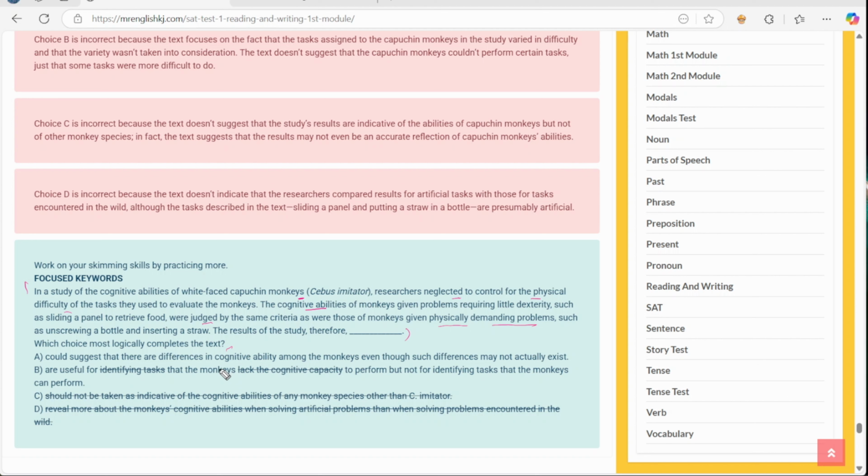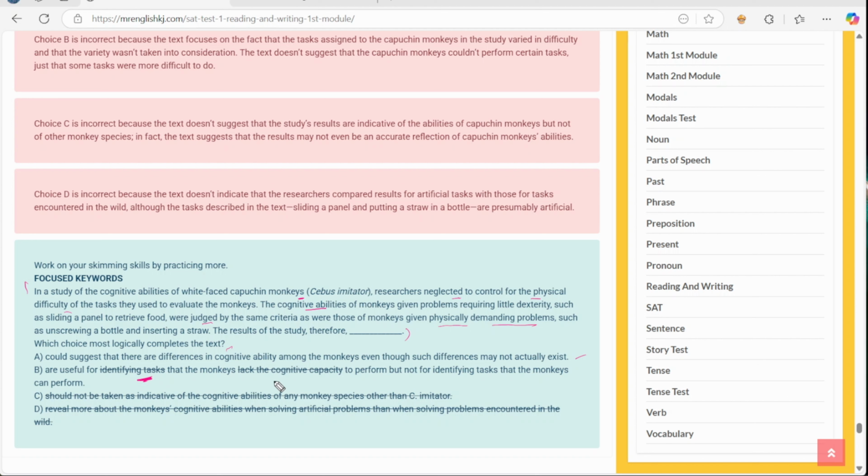Could suggest that there are differences in cognitive ability among monkeys, even though such differences may not actually exist. Well, it is saying there are differences in cognitive abilities. Obviously there are, even though such differences may not actually exist, because here you can see they did not talk about those differences at all. They just said they compare two monkeys together. What was the result? They did not mention it. Possible answer. Let's take a look at other options. Are useful for identifying tasks.